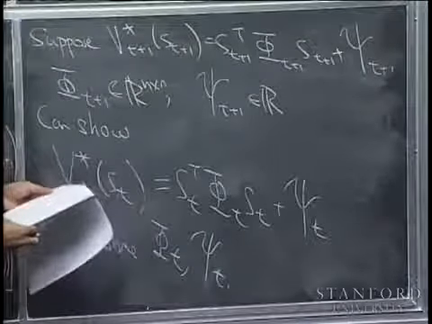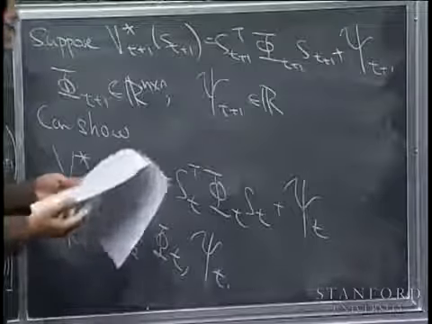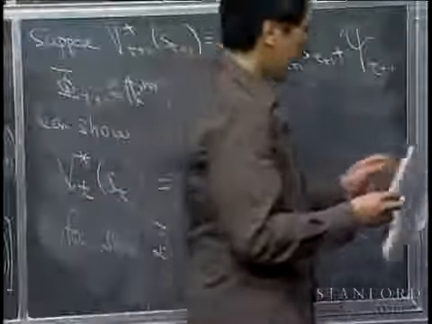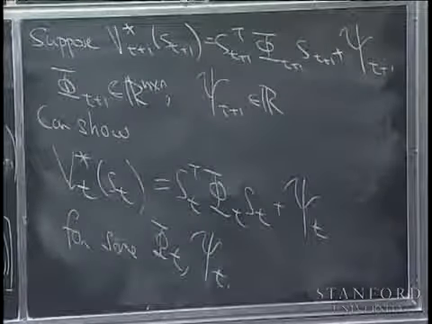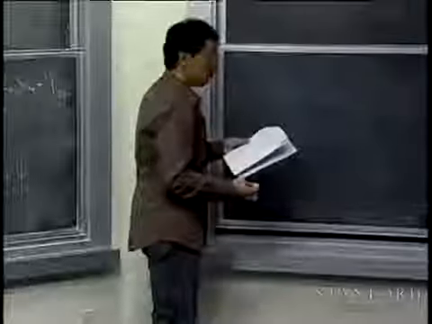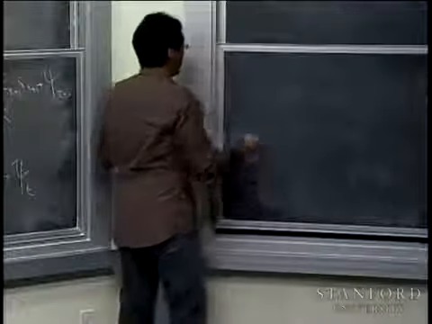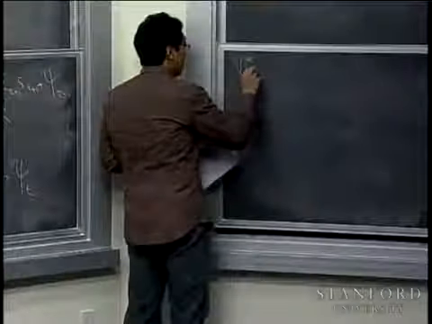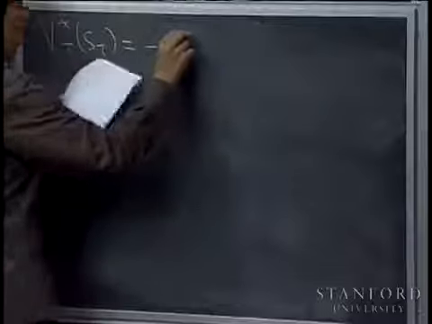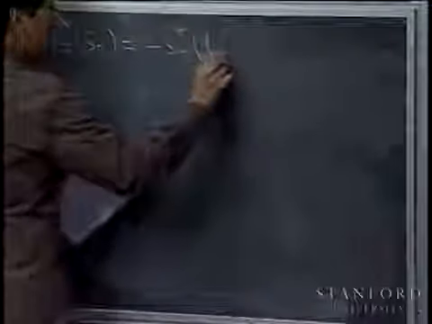So what you can do is start off the recursion as follows. Previously we worked out that V star capital T is minus s_T transpose U_T s_T.